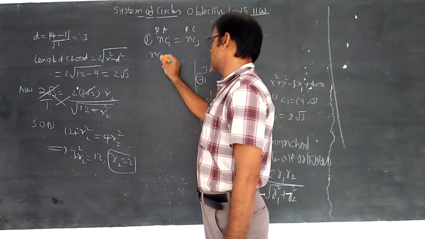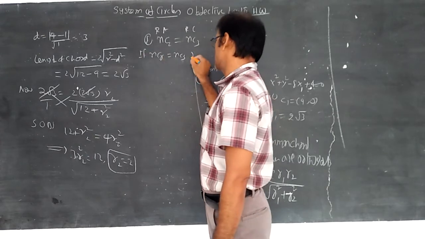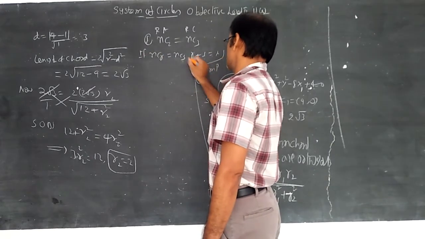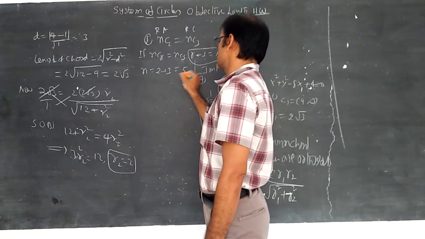I said the formula that if nCr is equal to nCs, then r plus s is equal to n. So here n is equal to 2 plus 3, that is equal to 5.